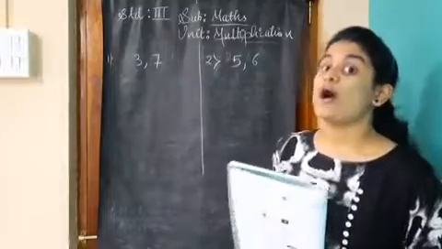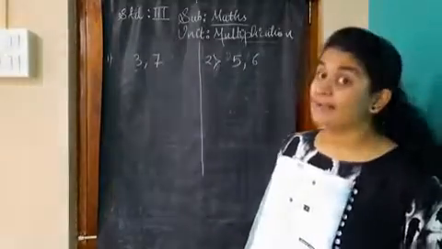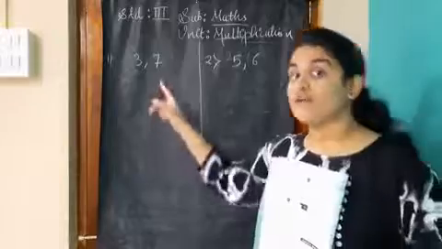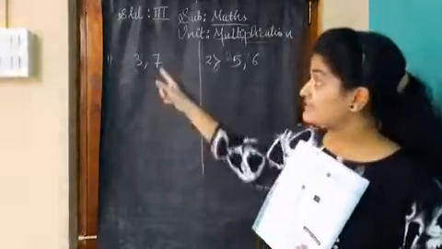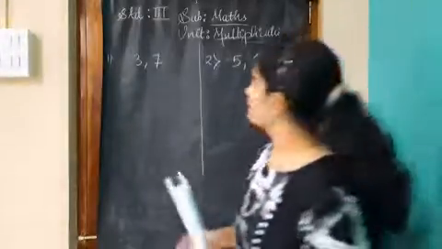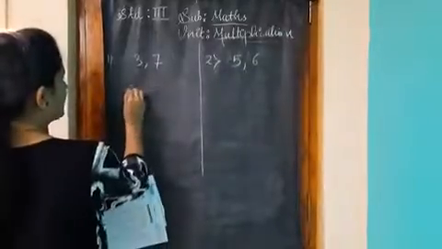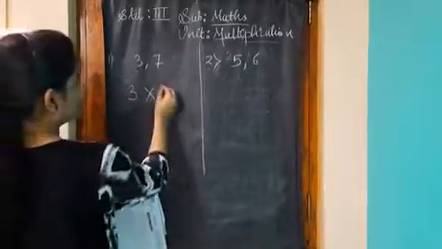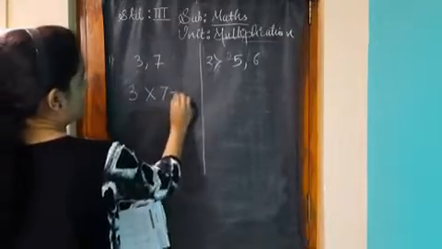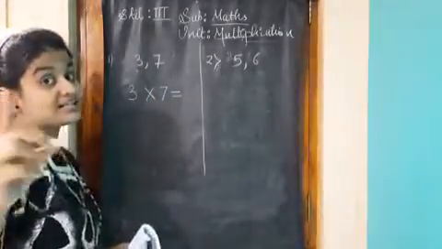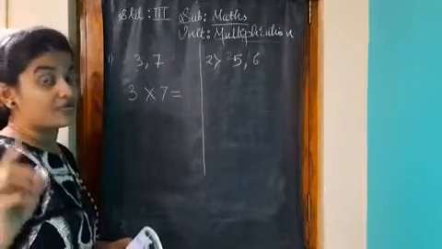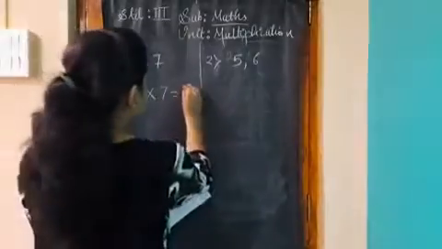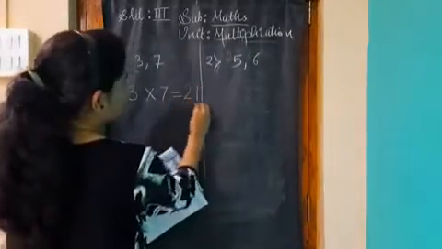Okay? So how we write the tables in that form? We have to write these numbers. Okay? So we will write as 3 multiplication sign number 7, and now who will tell me what is 3 sevens are? Very good. 3 sevens is 21.